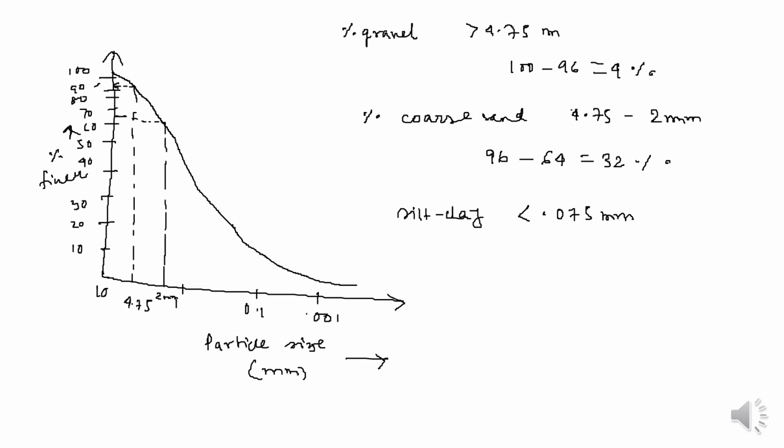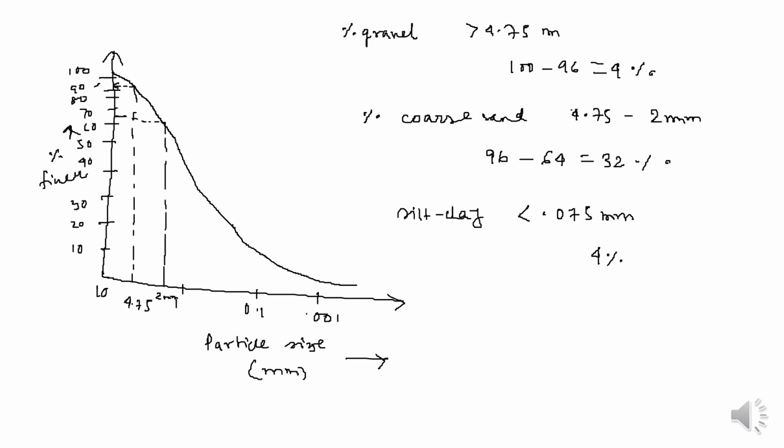That is, 4% of the soil sample has passed through the 0.075 millimeter or 75 micron sieve. The particles which pass correspond to the silt and clay fraction, so particles less than 0.075 millimeter are 4%, as we can see from the table.